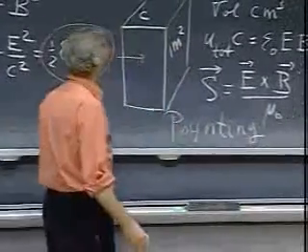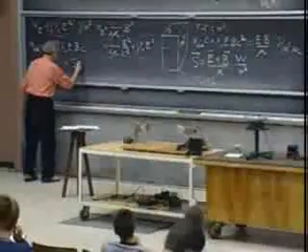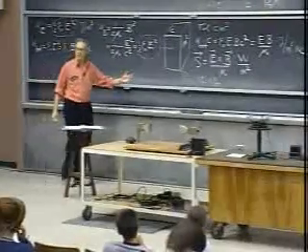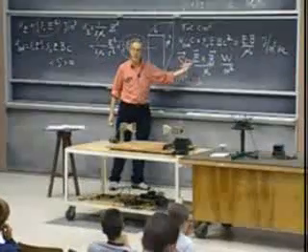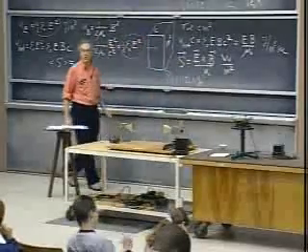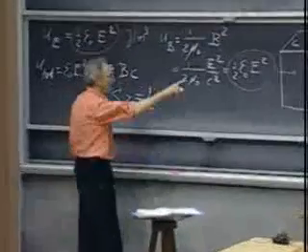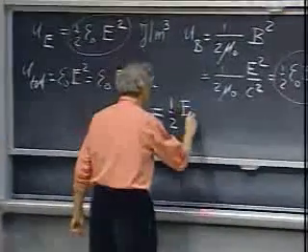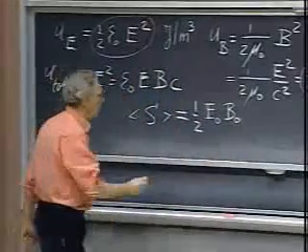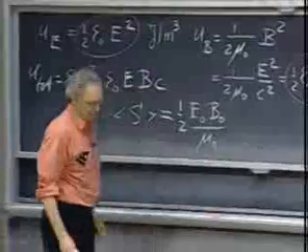And the time average value of the Poynting vector is, first of all, the time average of the cosine squared omega t, or the sine squared omega t, whatever the case may be. And the average value of cosine squared is 1/2. And then I can write now for E, E0, and for B, I can write B0, which is now the maximum value possible, divided by mu 0.